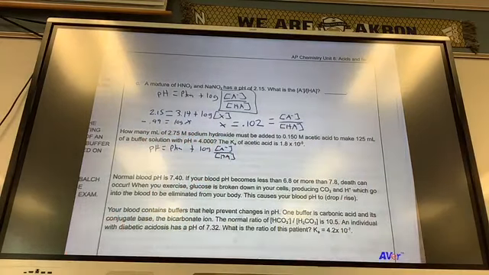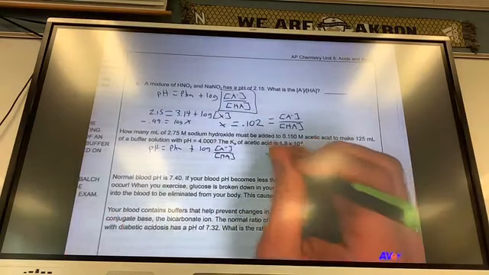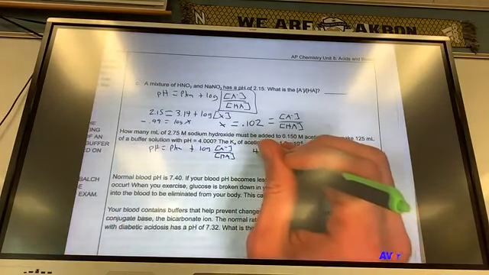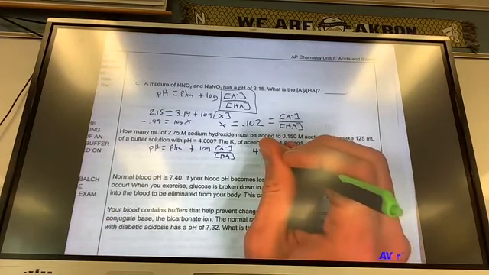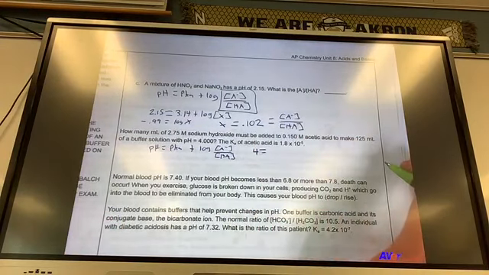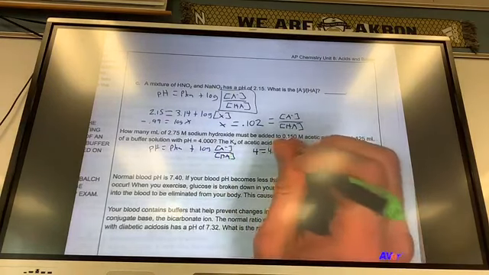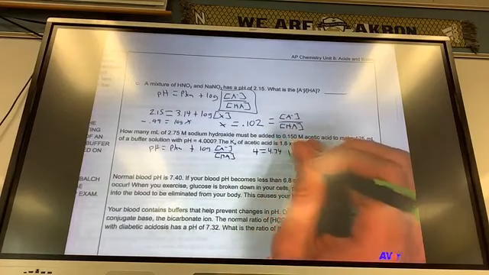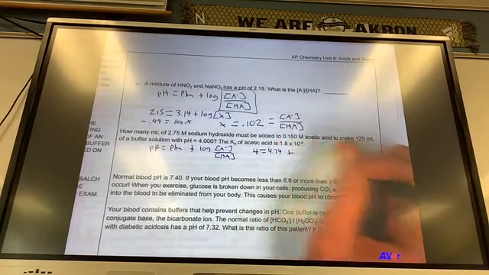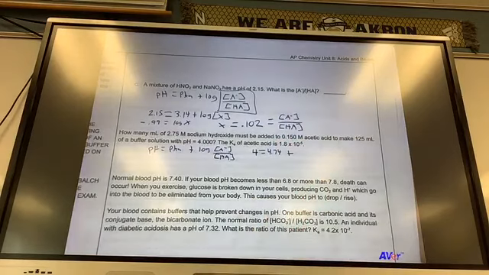Did they give me a pH? They did. So the pH is 4 equals, what is the negative log of this? 4.74 plus, do I have any of the other things?